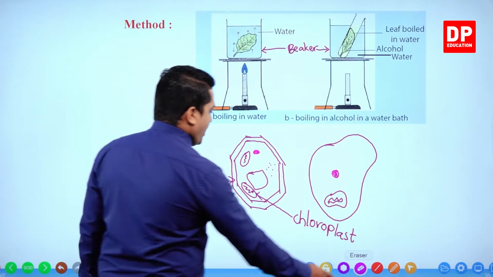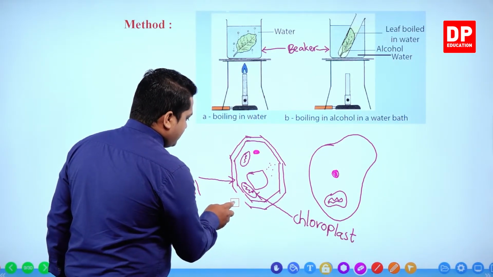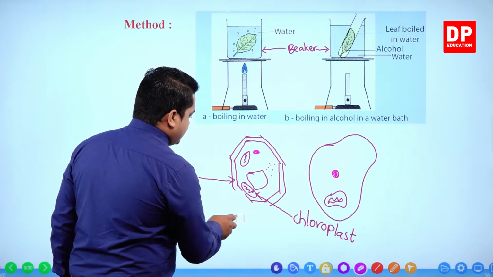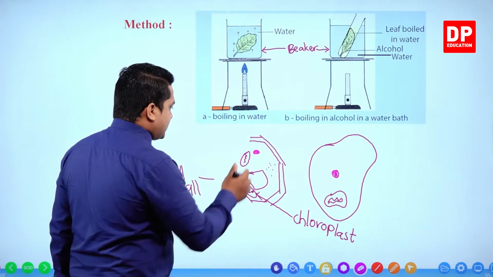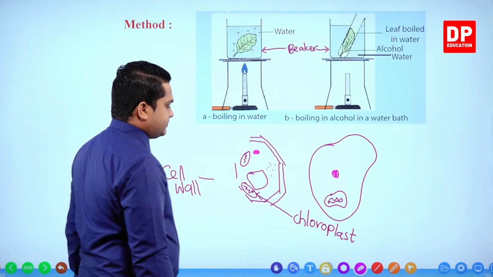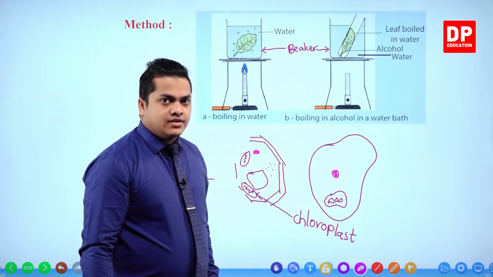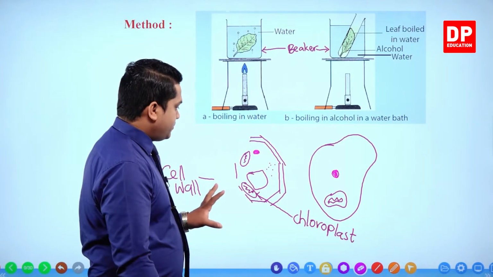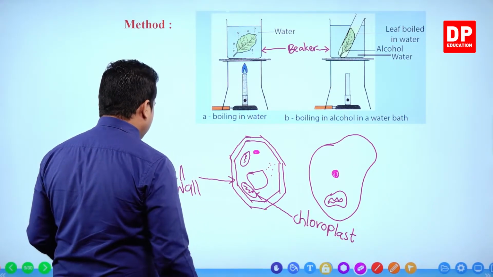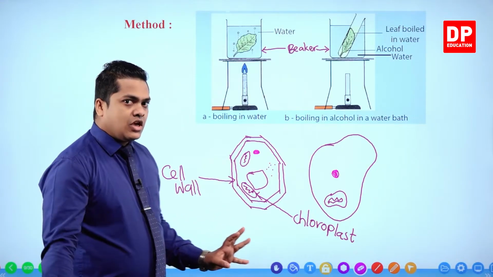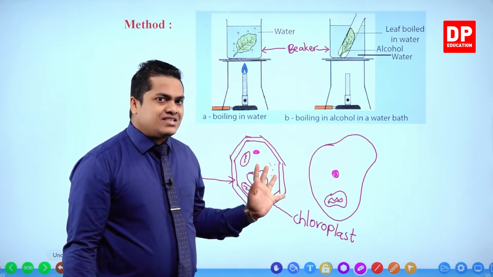So you have to break this cell wall like this. You have to break it down, then expose these things. Without breaking the cell walls, you can't expose the contents within a plant cell.